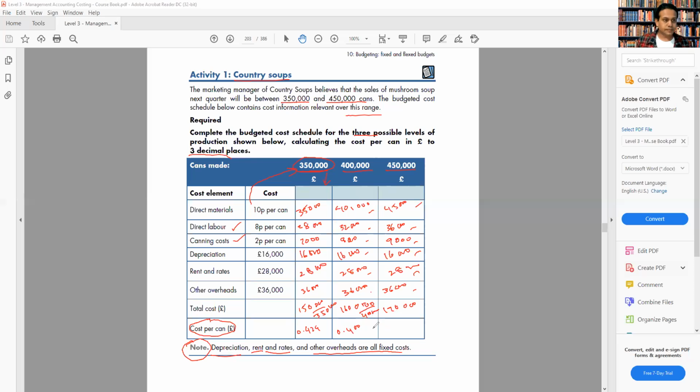Take 3 decimals. And the last one, 170 divided by 450,000. If you divide with that, that will give you 0.378.